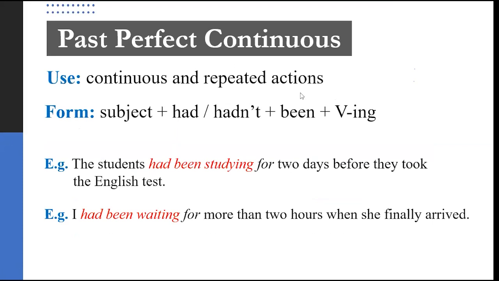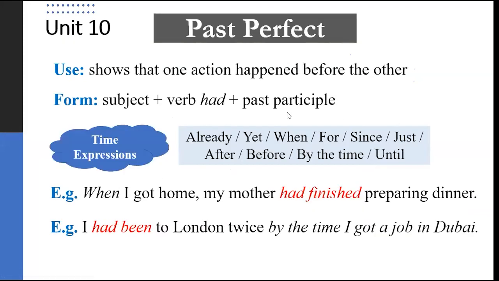Been. Not quite. Had و been. اثنينهم؟ هذا هو ال continuous. وين ال time expressions؟ أنا لما أقول لكم ال time expressions أو ال keywords أقصد هذولا. شفتوا أي واحدة من هذولا بالجملة؟ Yet, already.